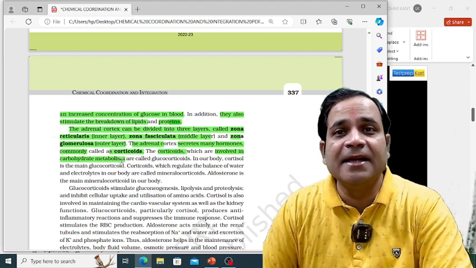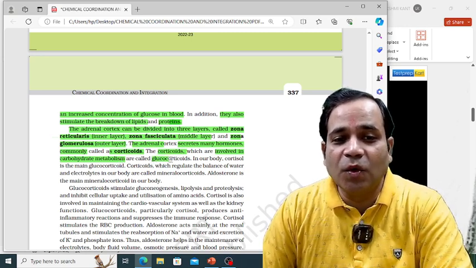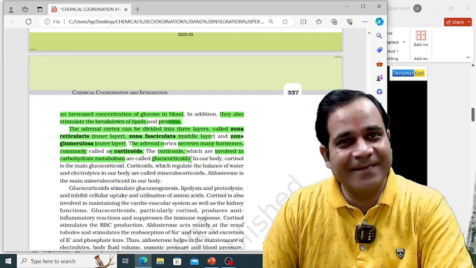The corticoids that regulate the breakdown of carbohydrates are called glucocorticoids.